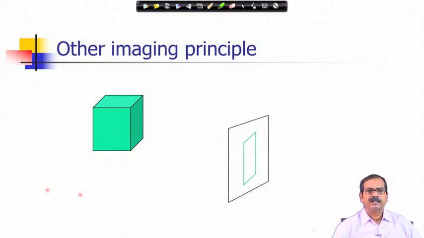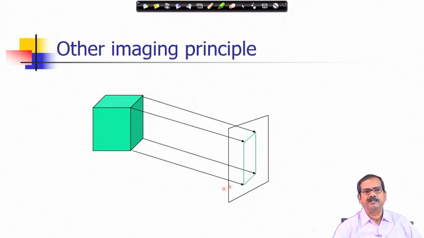For example, in this case I am going to show the image of this cube where one of the planes of the cube has been projected here, and as you can see all these points are projected parallelly to this plane. There is a particular direction which has to be considered for this projection. It could be normal to the plane, or any other direction in three-dimensional space.